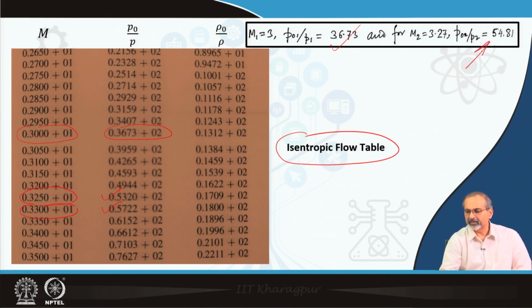Again, based on a linear interpolation, you can actually get the value of the P naught 2 by P 2, which is the stagnation pressure ratio downstream of the expansion fan, corresponding to the Mach number downstream of the expansion fan of 3.27.